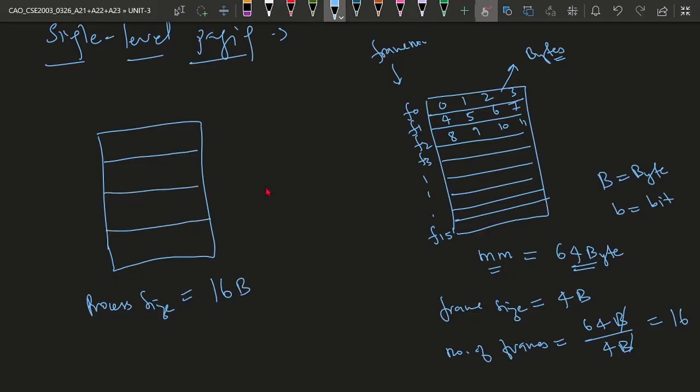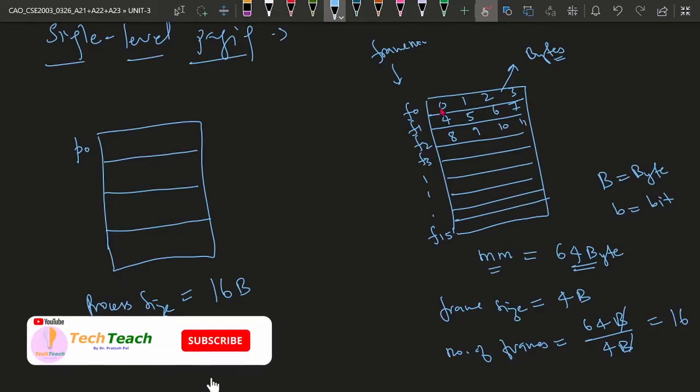Also, you need to consider that each process will be having some pages: page 0, page 1, page 2, page 3, similarly. Each page will have the same number of bytes as the frame.